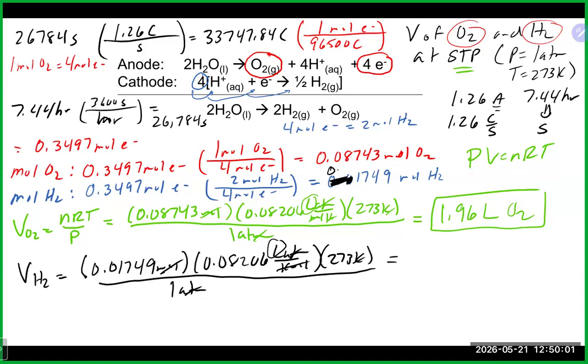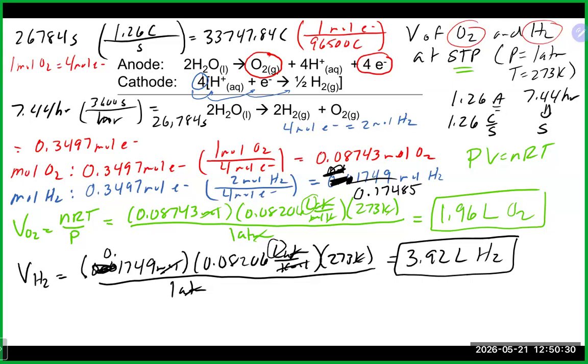All right, so this is supposed to be up here for the hydrogen, 0.01749. So get rid of that. There we go. So 0.01749 times 0.08206 times 273. That's going to get us our 3.92 liters of hydrogen in this case.